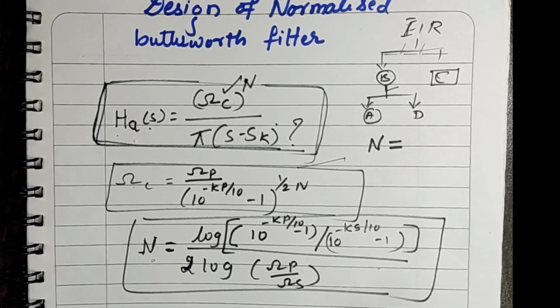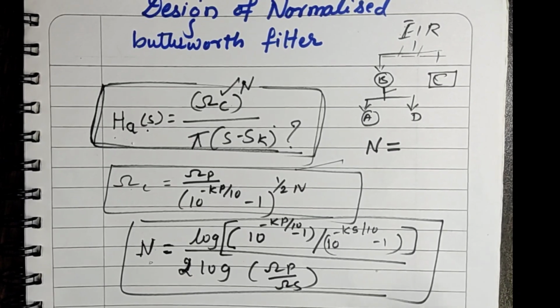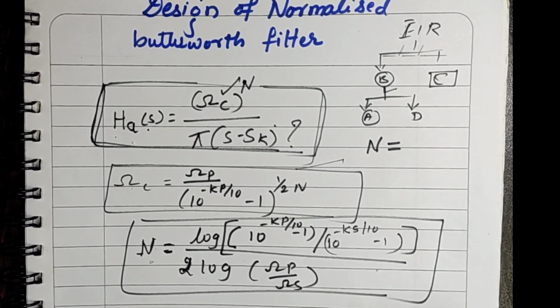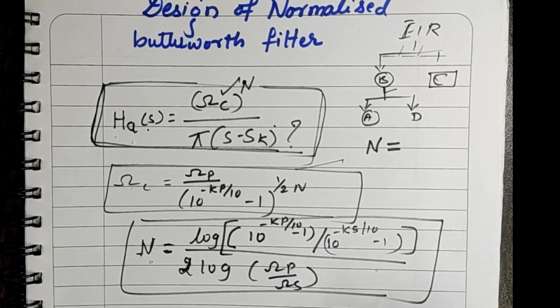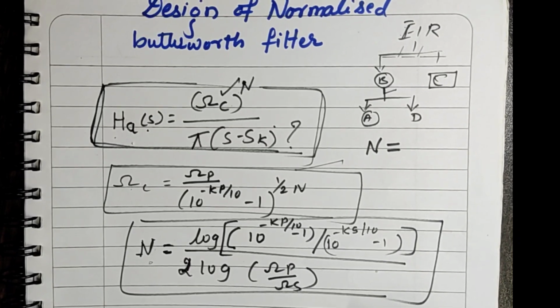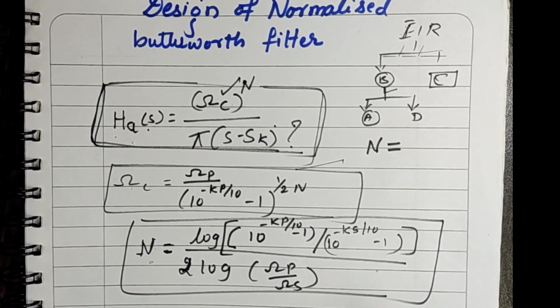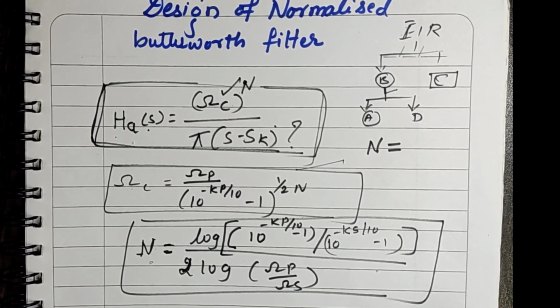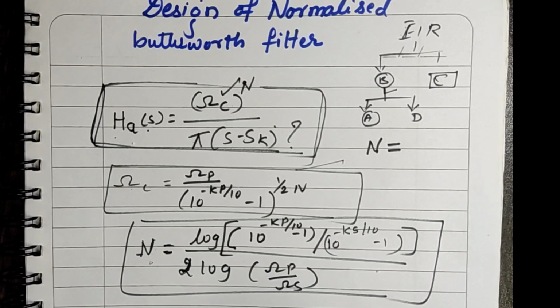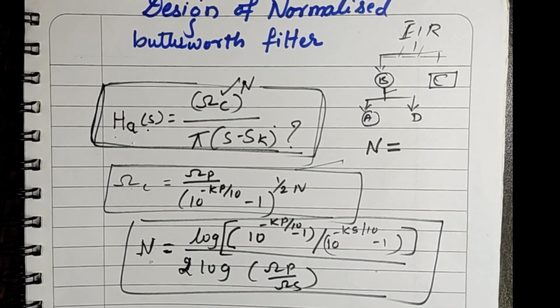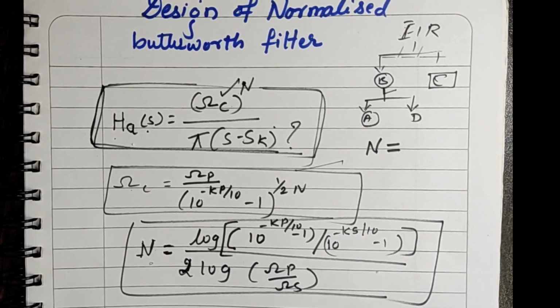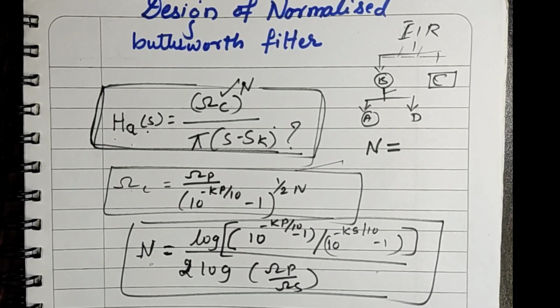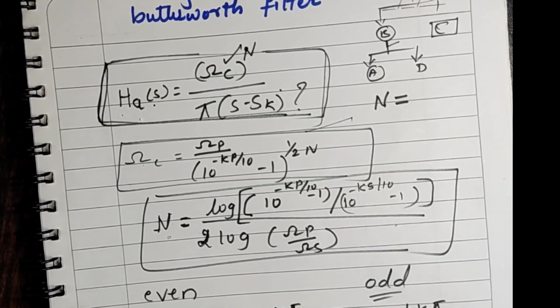Whereas when n is odd, for example 3, 5, 7 and so on, then the poles sk will be equal to 1 at an angle k pi by n, where k is 0, 1, 2, 3 up to 2n minus 1.